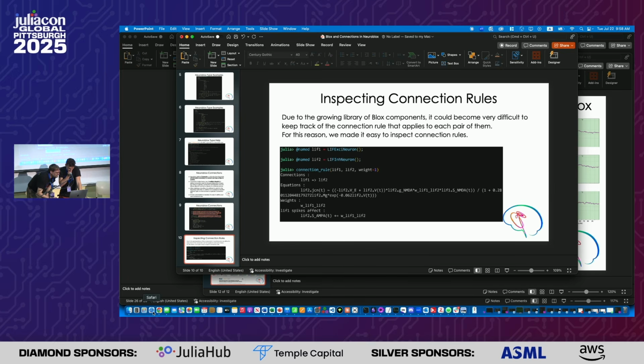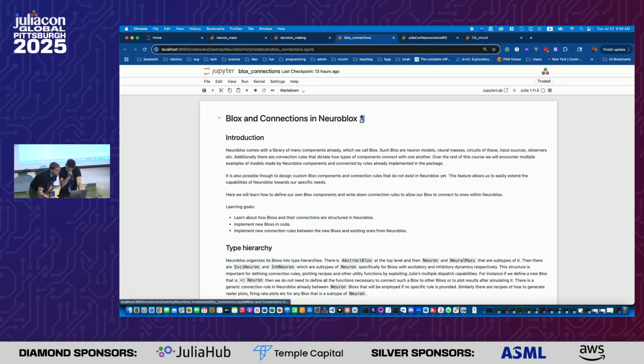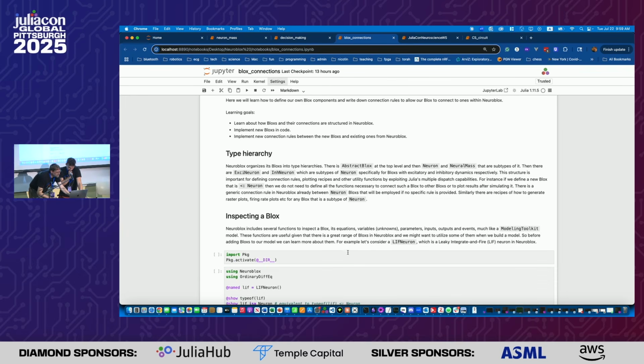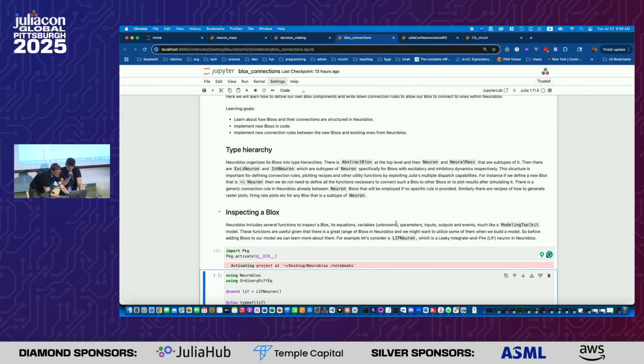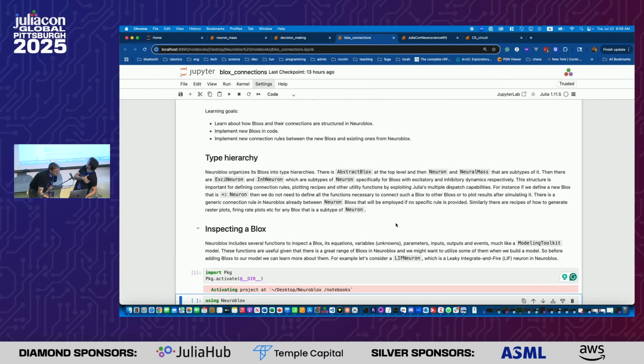Where is it? So here, tab block connections. You can change to the Jupyter Notebook block connections, and we could just run. Could we make it bigger? How legible is this?